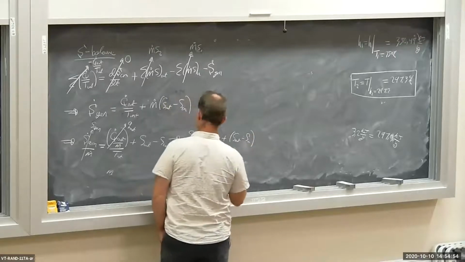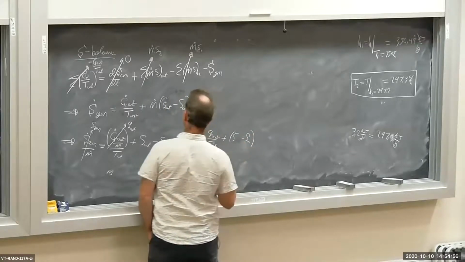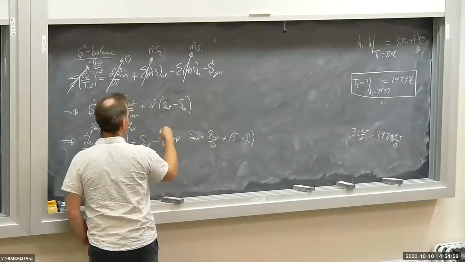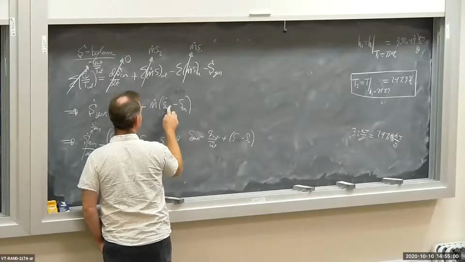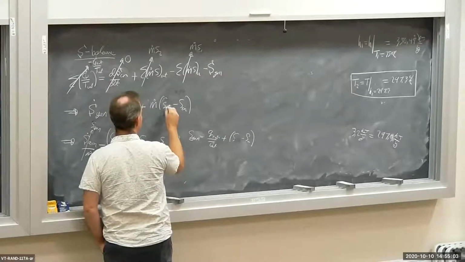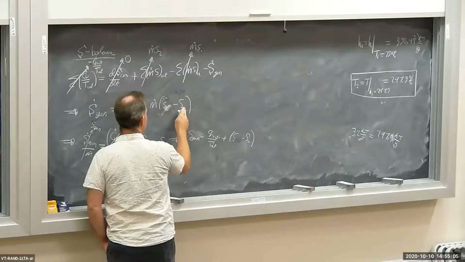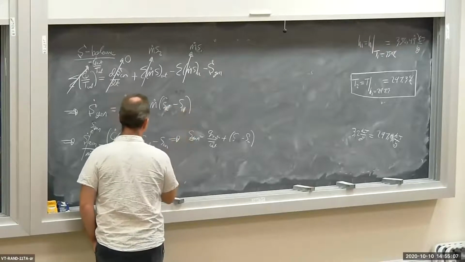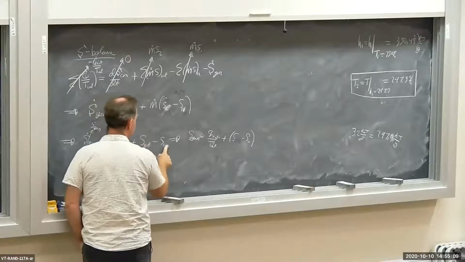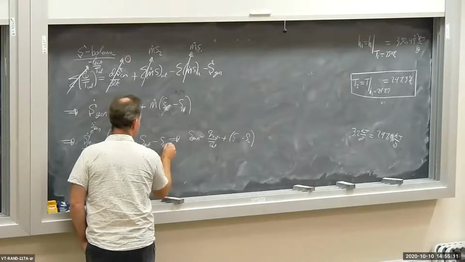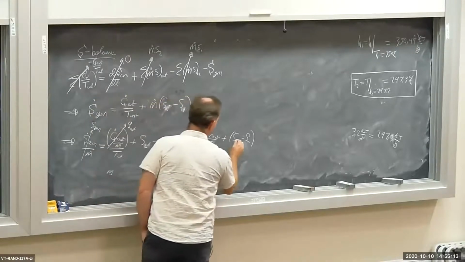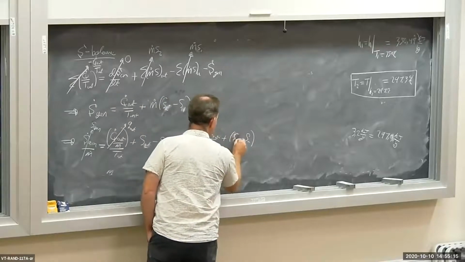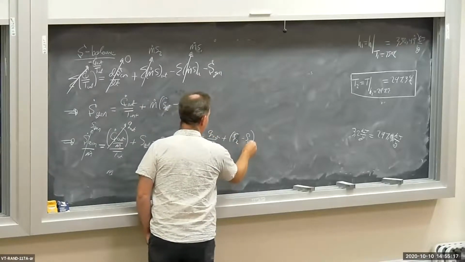Remember here, the outlet is at location 2 and the inlet is at location 1. I guess I'm getting back to my old notation here. Outlet is 2, inlet is 1. There we go. Okay?